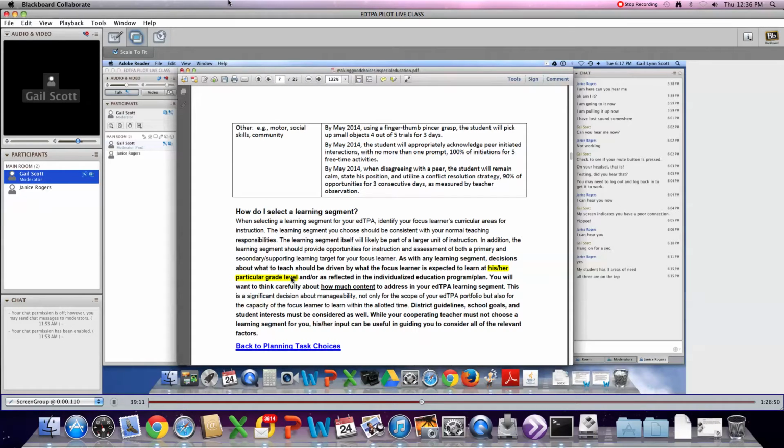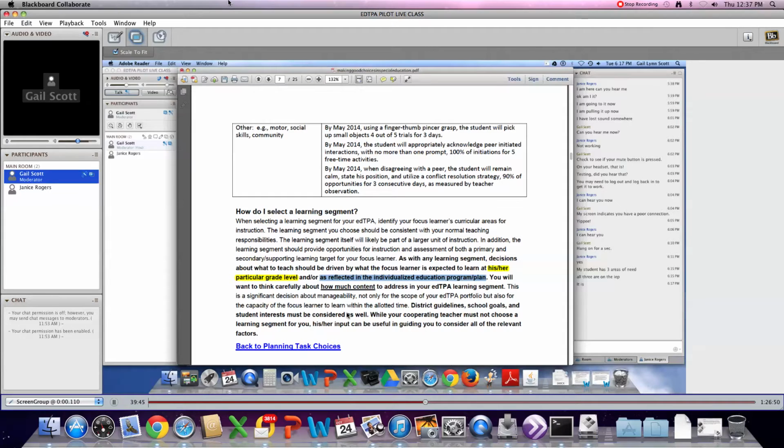You may not do that. You have to address what students at that grade level are supposed to be learning, and if there's an accommodation or an adjustment to it, it should be reflected in the IEP. All right?